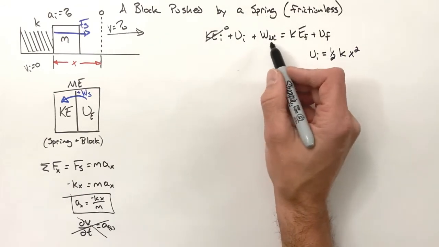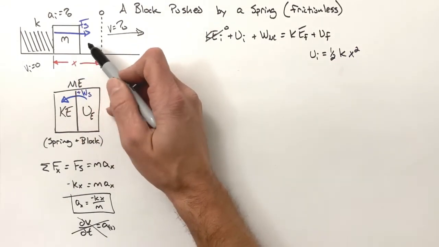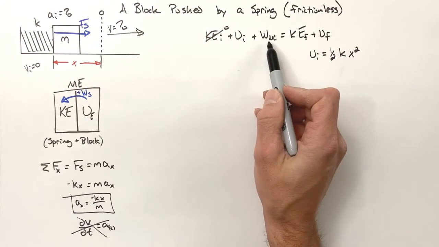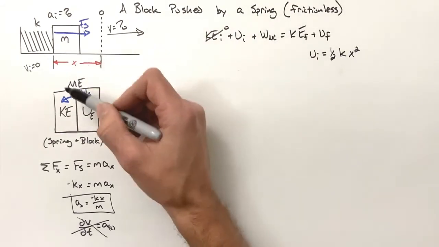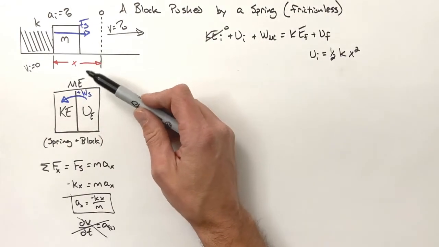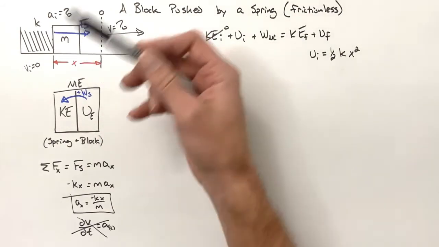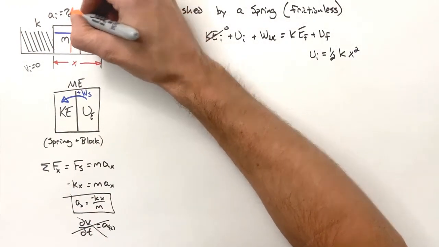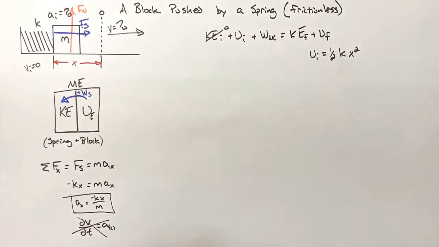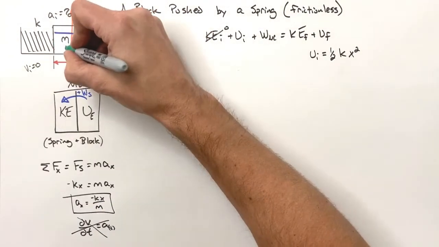Our next term, our non-conservative work term, would be work done by forces other than springs and gravity. And in this problem, we have no forces other than springs, gravity, and the normal force. It's worth pointing out here, the normal force is straight up and gravity is straight down.